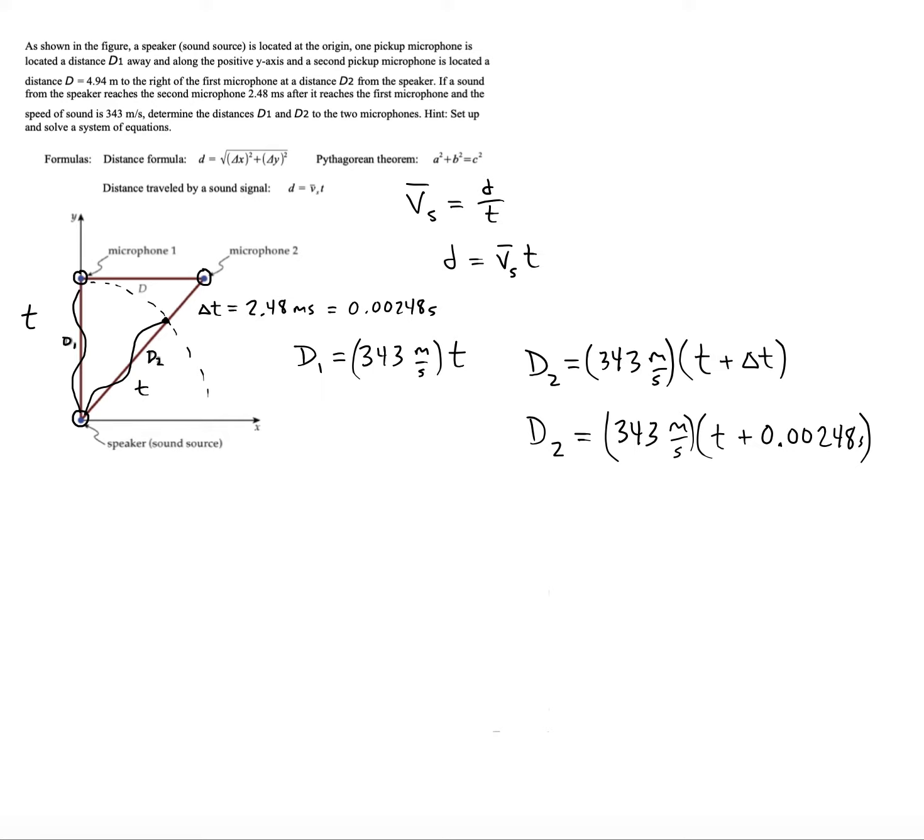They tell us the distance d between the microphones is 4.94 meters. So with that information, we should be able to use Pythagorean Theorem.